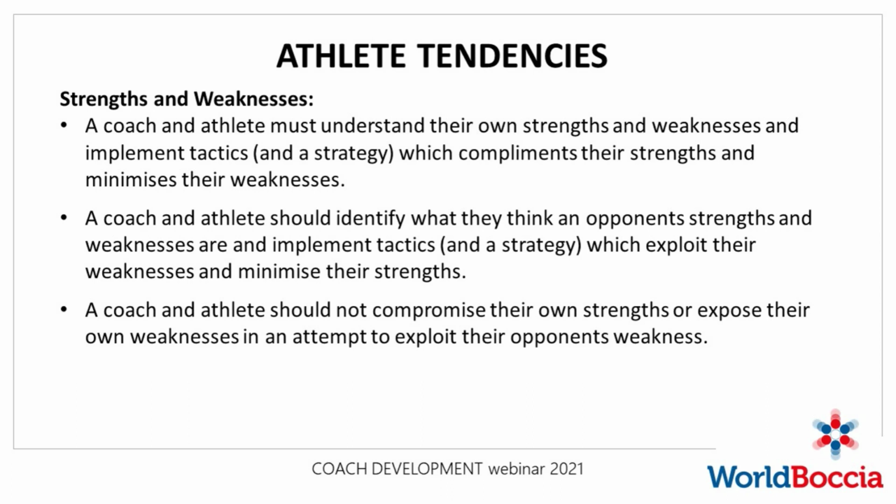So even though our preferred jack position might not be a long jack position, if our opponent struggles to throw soft balls past 6, 7, 8 meters, we can minimize the impact of those softer balls by playing a long jack position and exploiting that weakness of our opponent.